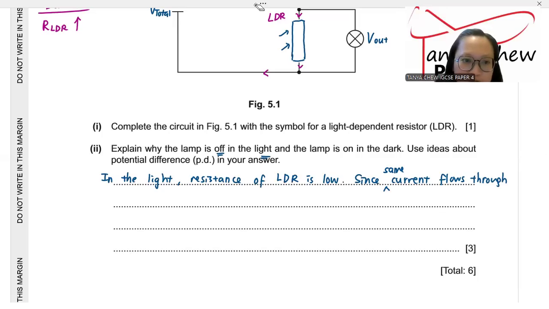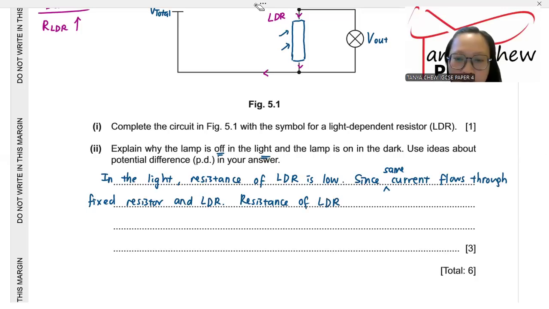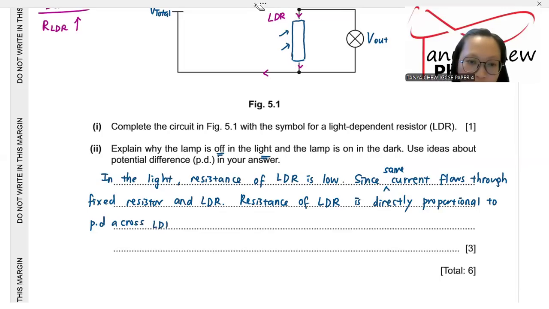Current flows through the fixed resistor and LDR, and the resistance of LDR is directly proportional to PD. I use PD because the question has already explained the symbol across LDR. So PD across LDR is low.